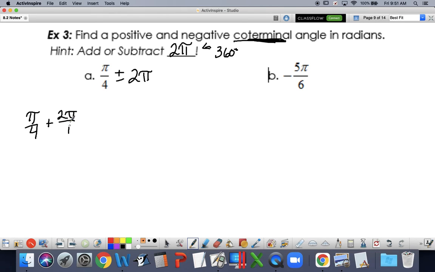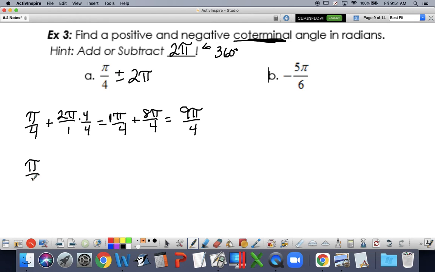And right now my 2 pi does not have a common denominator. So I'm going to multiply by 4 over 4. So I wind up with pi over 4 plus 8 pi over 4. I now have a nice common denominator. Remember, there's a 1 in front of this pi. So I wind up getting 9 pi over 4, right? When I add fractions, I add my numerators, keep my denominators.